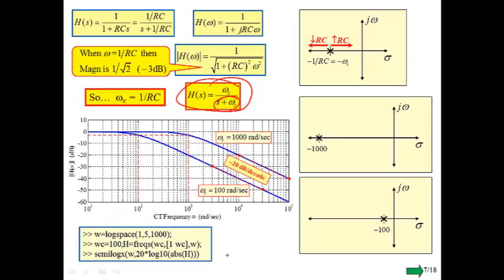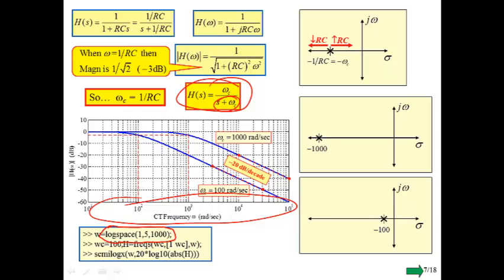So that's a nice way, and you can see that I'm doing semilogx to get the log axis, and I'm doing 20 log 10 absolute value of H to get the magnitude. Excuse me.